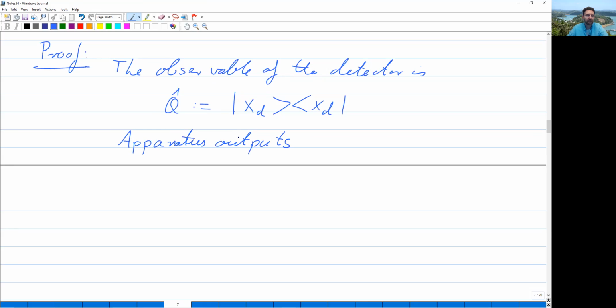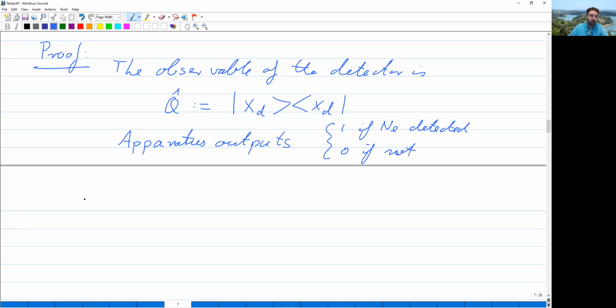Remember, a projector has eigenvalues 1 and 0. It outputs 1 if the neon atom is detected, and it outputs 0 if not.